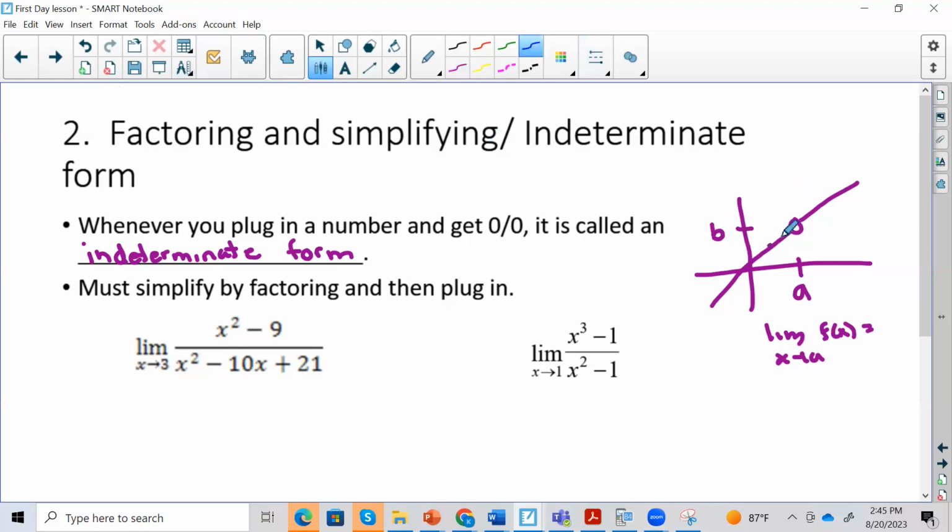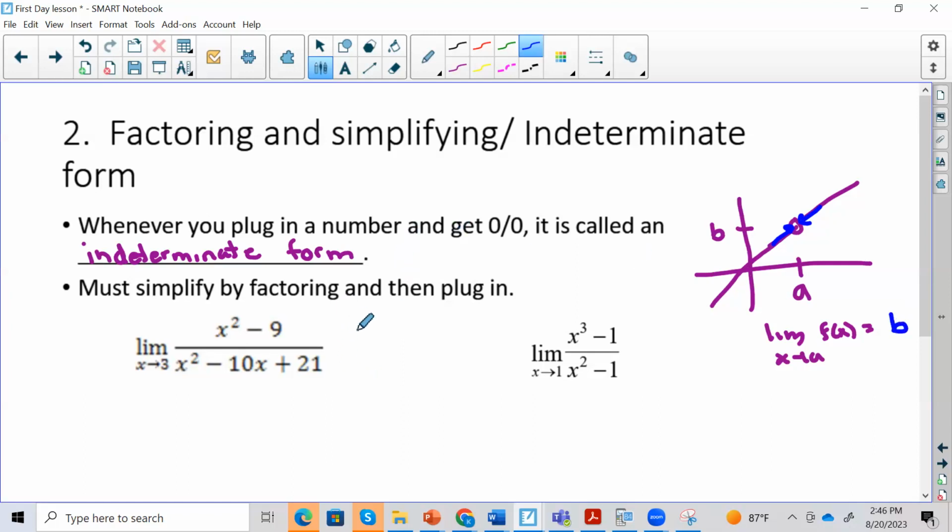This function is approaching the same value from the left and to the right when we did it graphically. But the value at a does not exist. And that's what 0 over 0 represents, that the value at that exact point, that y value, doesn't exist, but the limit does exist because from the left and the right, they're both approaching that same y value. So this is still b.